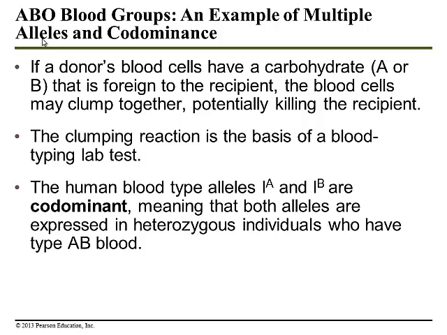If a donor cell has a carbohydrate, and it's actually a protein with a carbohydrate on it, that's called A, or B. You have them on the surface of your cells. Has anybody ever done their blood type? Donated blood? Do you know what's your blood type?